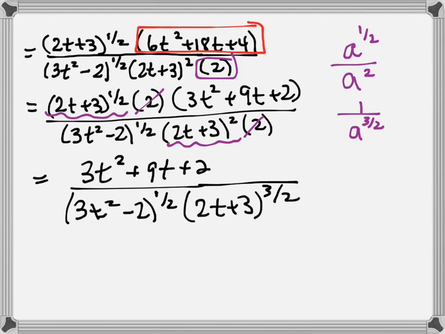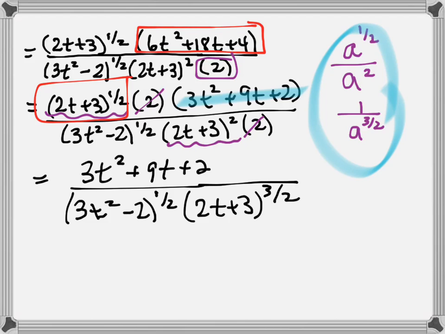Can you FOIL those? Yeah, how did you just, how'd you get that on top? Where'd your 2t plus 3 go? It's right there. Because that's what I did over here, guys. We just went through it. It's okay. I took a little interim there to have a different question. So this power to the 1/2, and this power to the 2, they combine because they're the same factor, 2t plus 3.